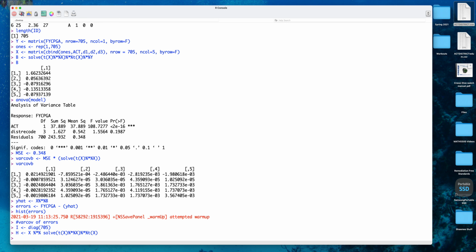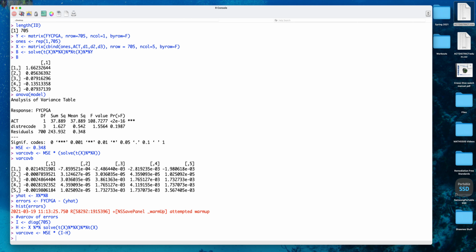Now our hat matrix is going to be huge. It's going to be 705 by 705, so we don't want to go there. So the variance covariance of our errors is going to be the mean square error times I minus H.